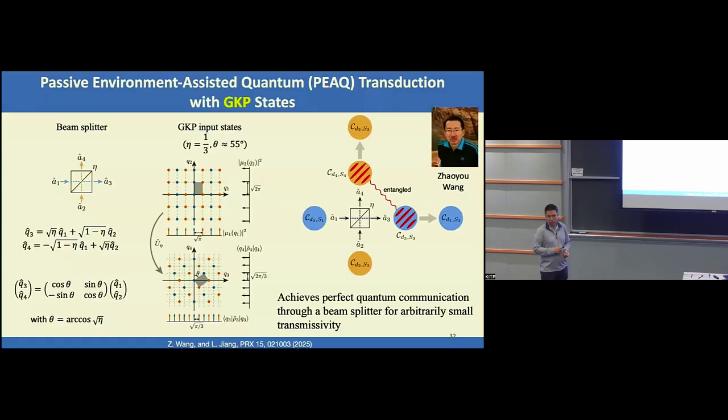And actually, if you look more carefully at the output, you get more dense lattice points, which means there are new degrees of freedom introduced. In terms of error correction, it means that the output here is actually a quantum subsystem code. So you have one subsystem that carries over the initial input. The other system is entangled with this ancillary mode.